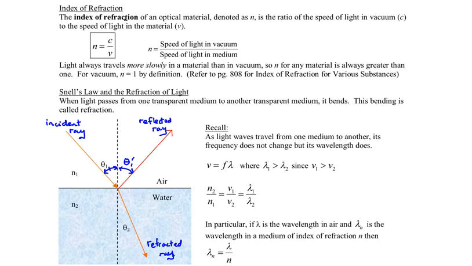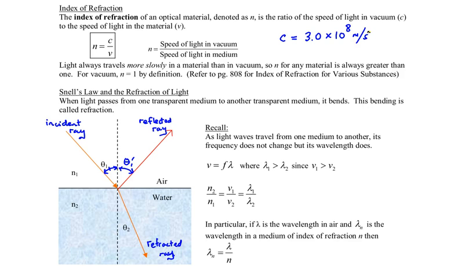Earlier in the previous chapters, we learned that light travels in a vacuum at the speed of light. We labeled the speed of light as c, and the speed of light in a vacuum is equivalent to 3.0 times 10 to the power 8 meters per second. So that's the speed of light in a vacuum.